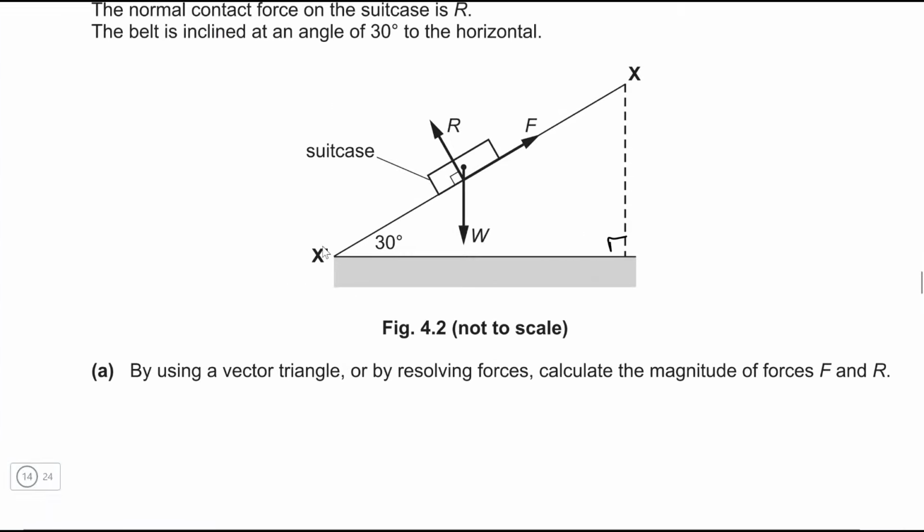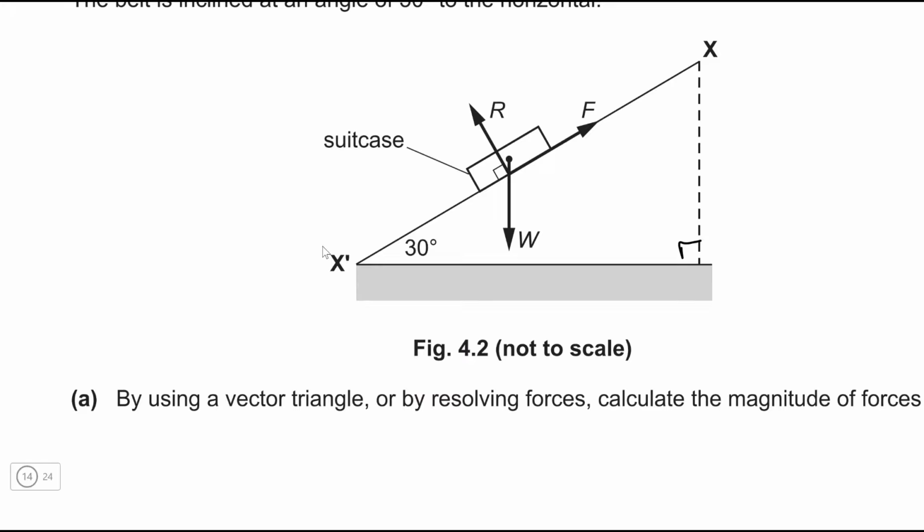Okay, well, let's think about those forces. Now, the weight can always be represented on an inclined plane as having components which are both parallel and perpendicular to the slope.